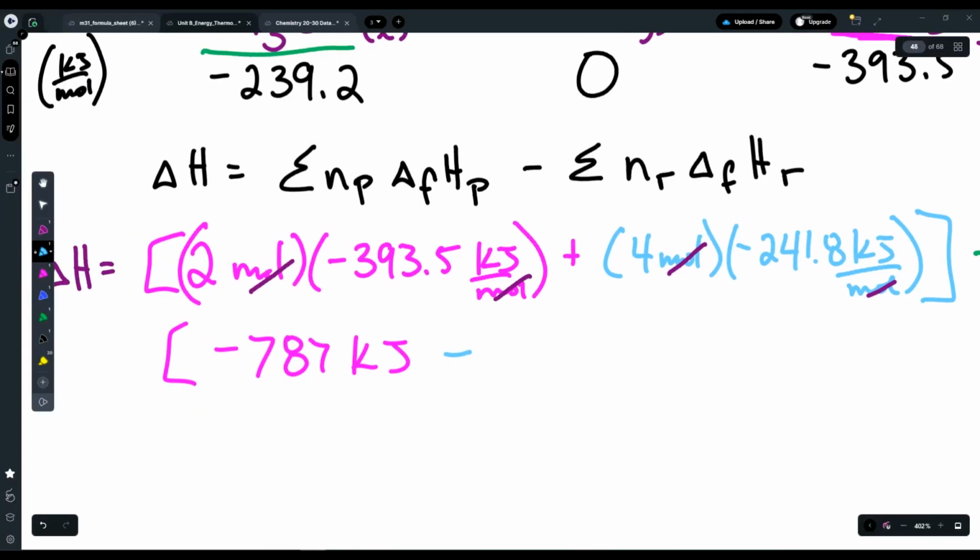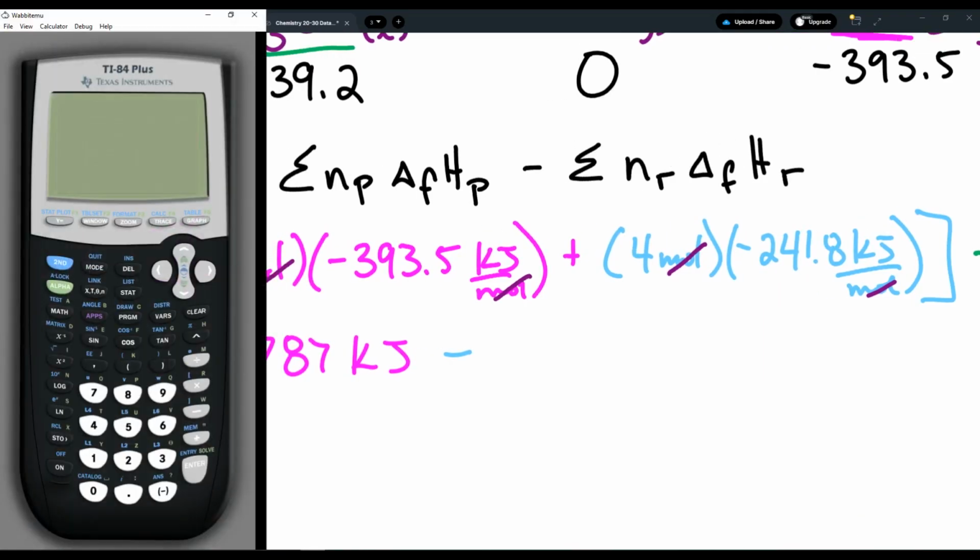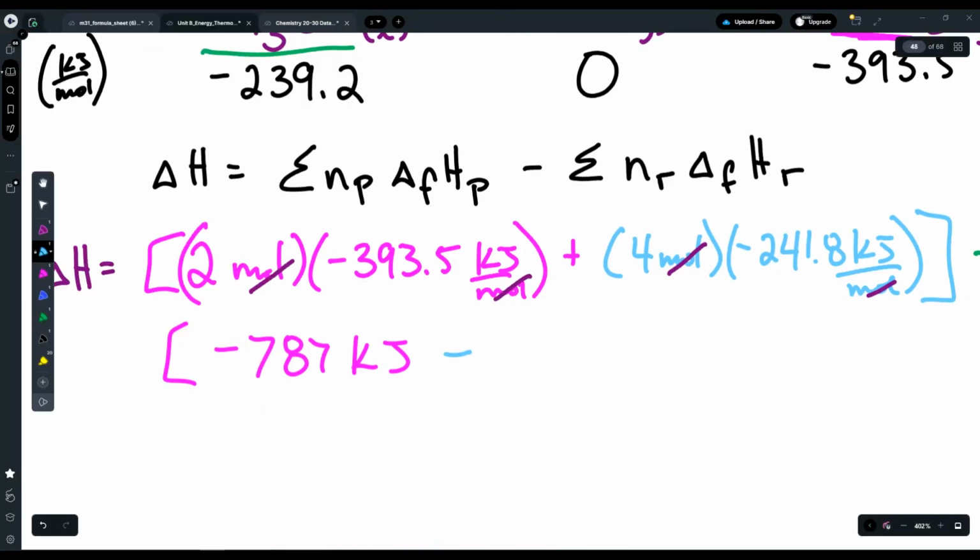Minus 4 times negative 241.8. It's going to give us negative 967.2.